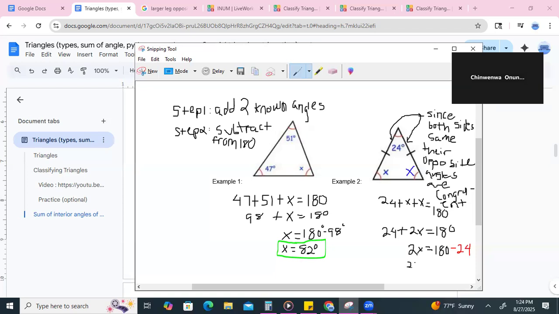To find what one of our angles is, we divide 156 by 2. Or in other words, we take half of 156, which is the same thing as dividing by 2.